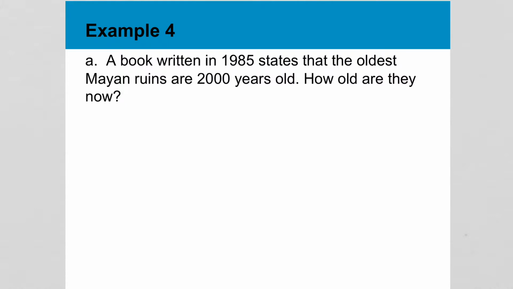However, 2,000 years is the less precise of the two numbers. It's precise only to the nearest 1,000 years.